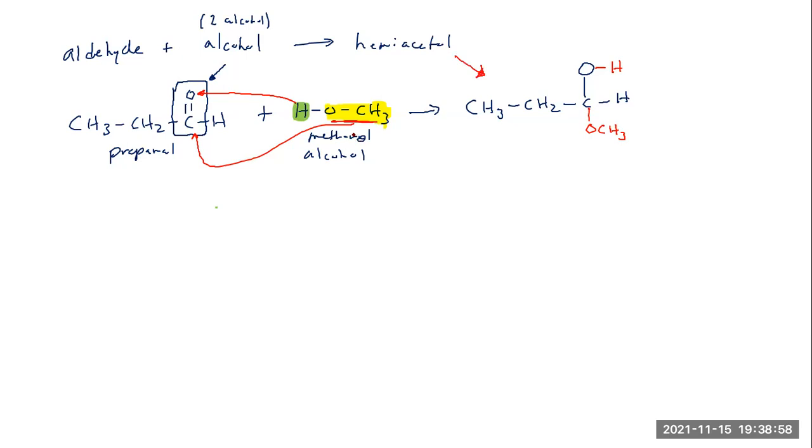A hemiacetal has a couple of features. When we look at the carbon, that's sort of where our double bond used to be. Attached to that carbon, we will see several things. First off, we will see one oxygen hydrogen group, which we see up here on top.